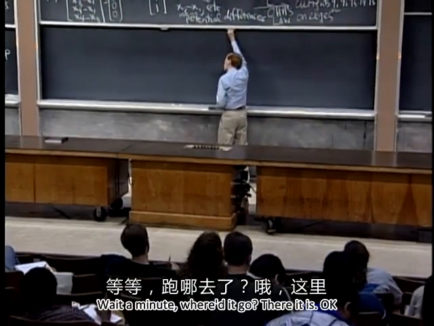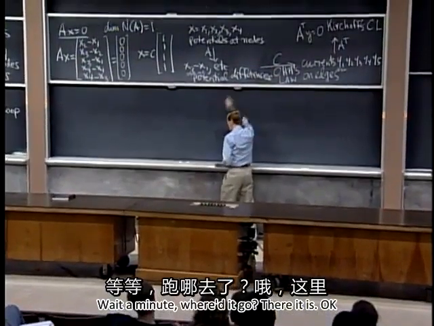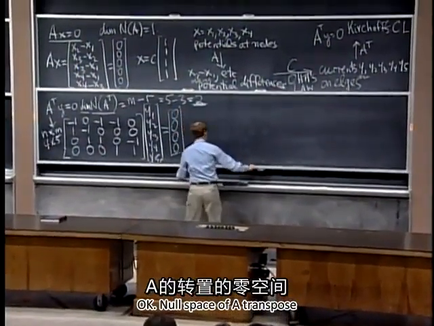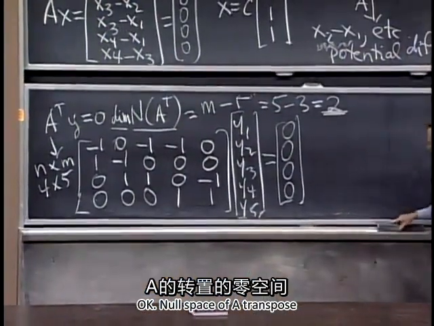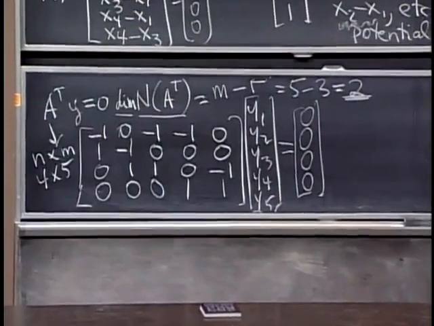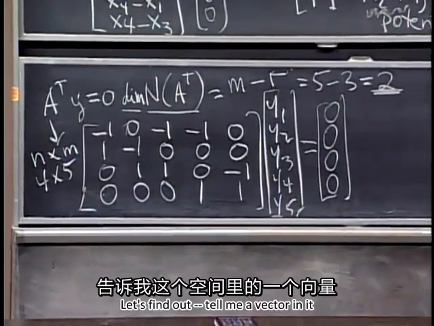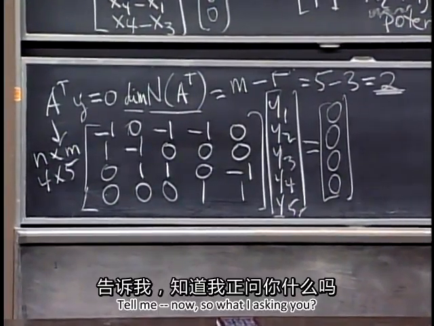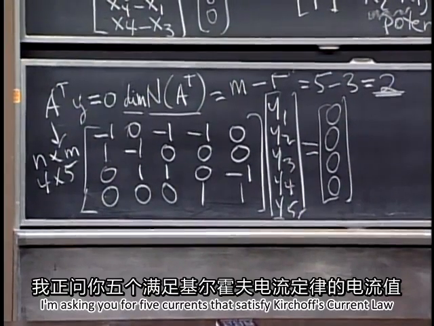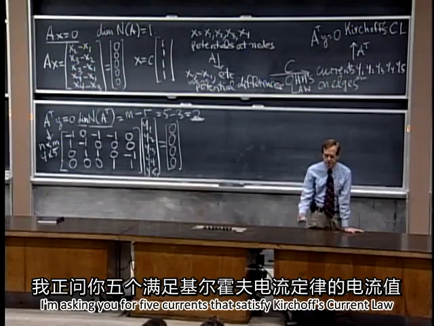Wait a minute, where did it go? Here it is. Okay. Null space of A transpose. We know what its dimension should be. Let's find out. Tell me a vector in it. What am I asking you? I'm asking you for 5 currents that satisfy Kirchhoff's current law.